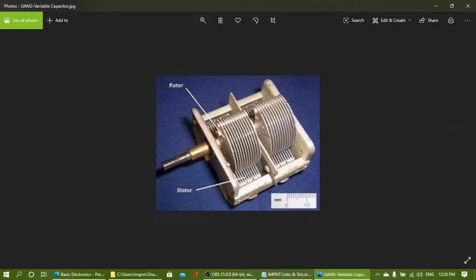Because in a common mechanical housing fixture, two different capacitors have been attached. Suppose this part varies from 5 to 15 pF and this part varies from 20 to 30 pF, but they vary at the same time when you rotate the rotor. These plates are connected to this rotor, and inside them there is another set of plates called the stator, connected to this common plate.